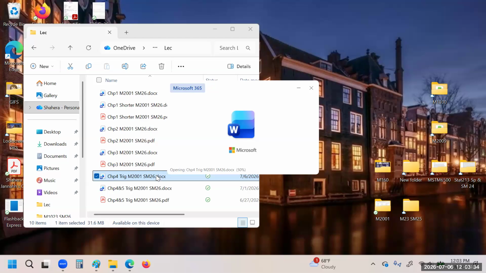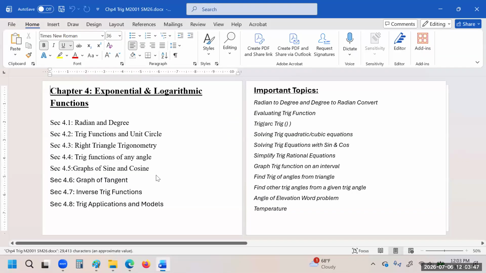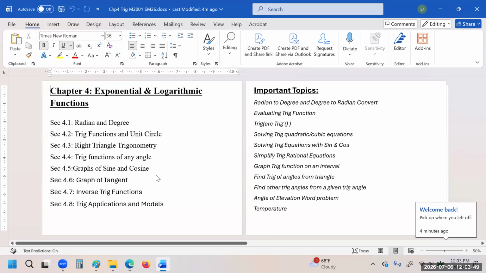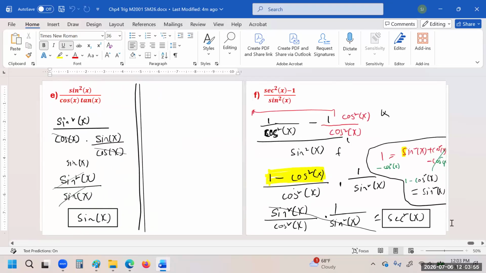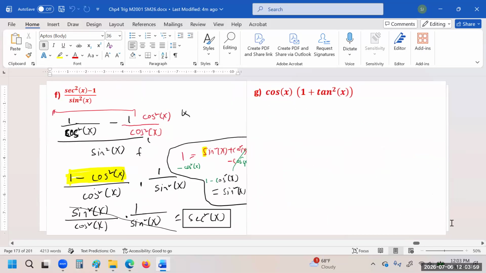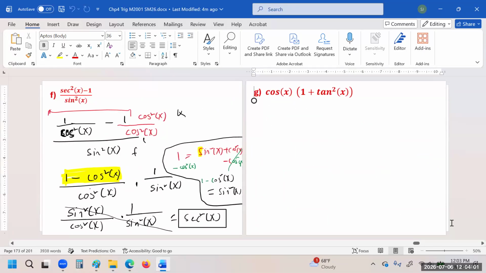I hate it. Okay, let me get the page instead of doing it on the left.